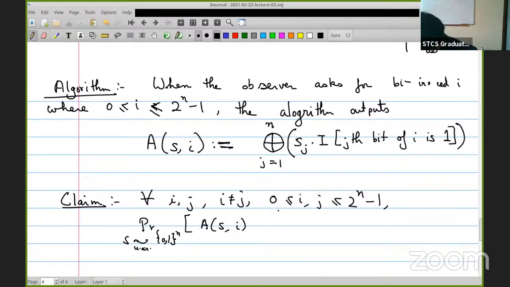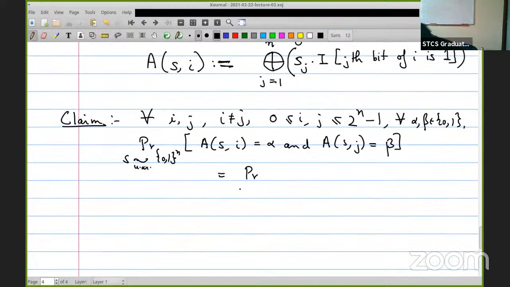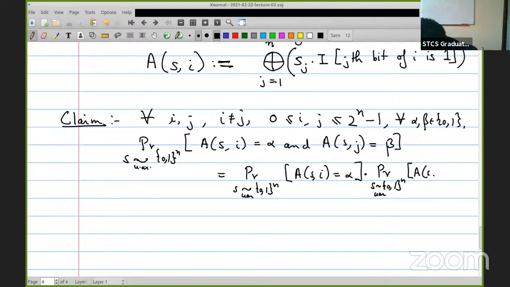The probability that a_i equals alpha and, for every alpha, beta in {0,1}, a_j equals beta is in fact equal to the product of the probabilities, and each of those is 1/2.